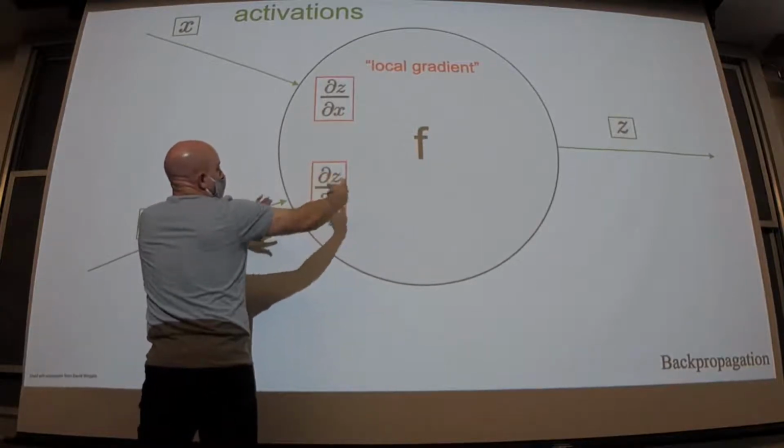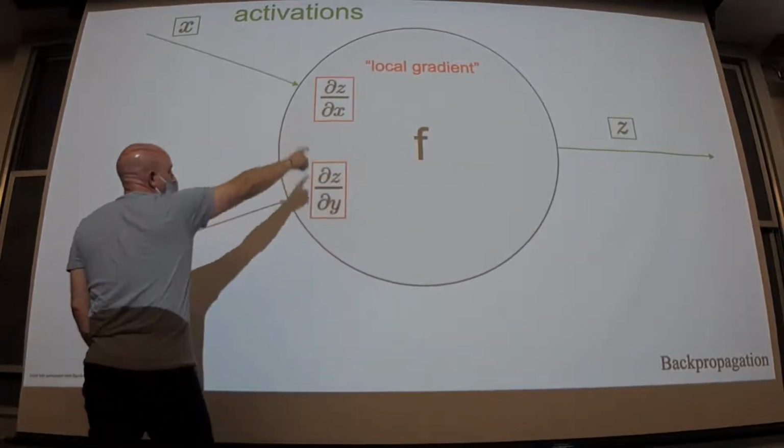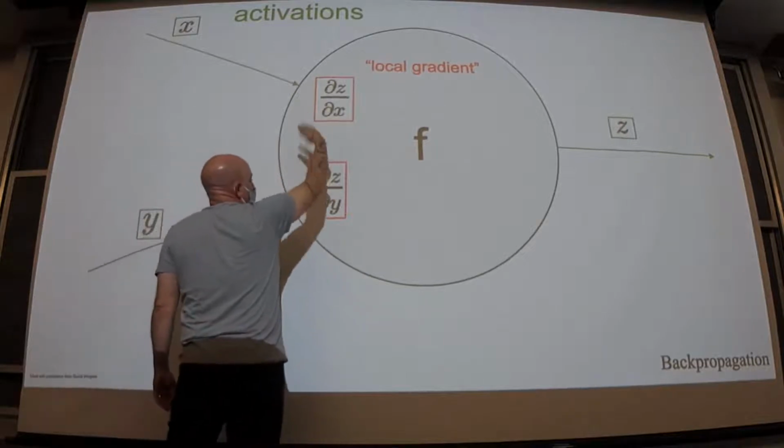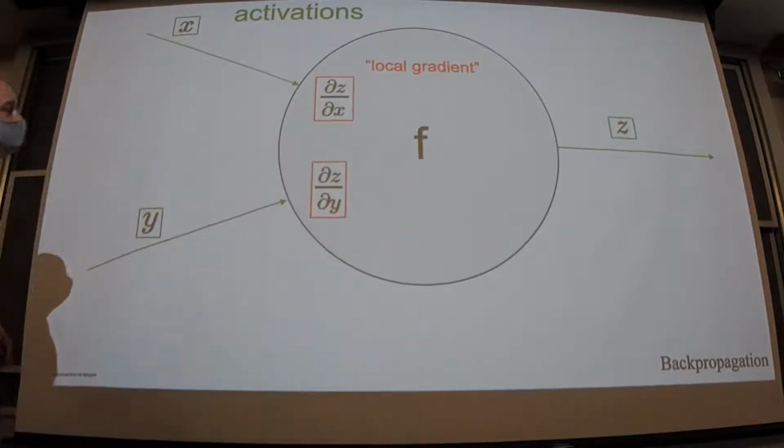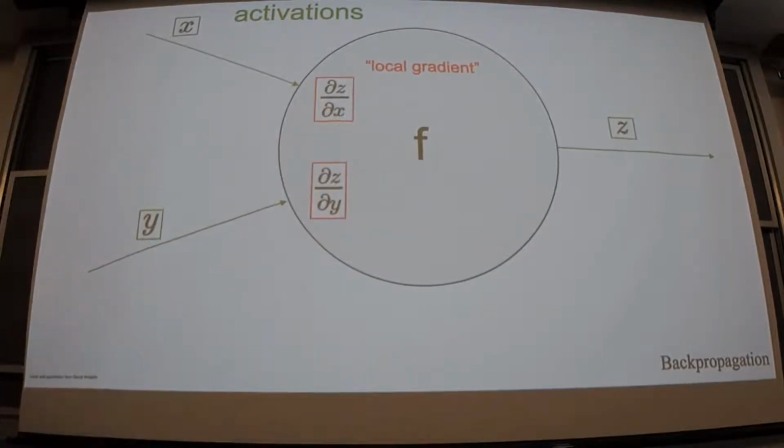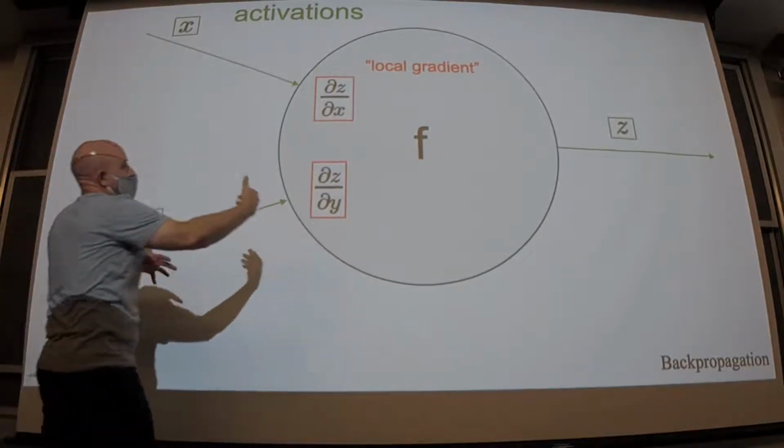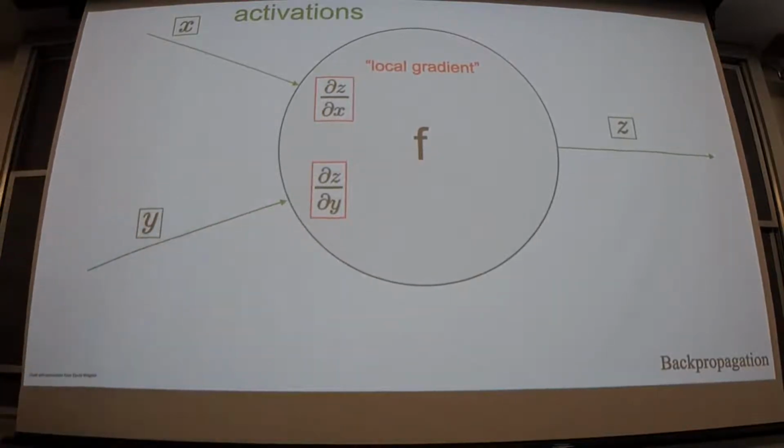The inputs to f are x and y, and you can see z as the output there. But local gradients just mean these partial derivatives. So if we look at any node in the graph, any transformation f, we can compute local gradients with respect to the inputs.